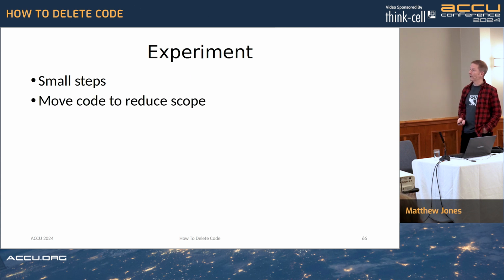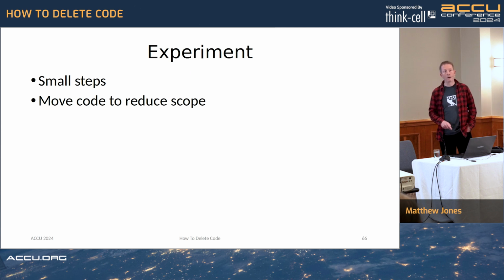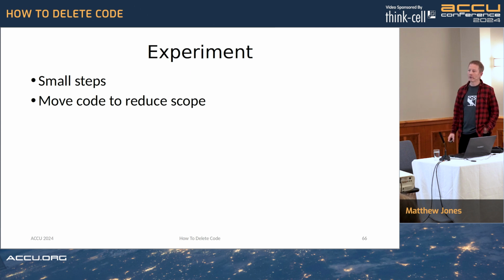One technique I've found very useful is moving code around to reduce its scope. You can often find stuff in header files that doesn't need to be there, things that are public that could be private. Just move things successively to lower and lower, smaller and smaller scopes, and let the compiler tell you whether that's okay.